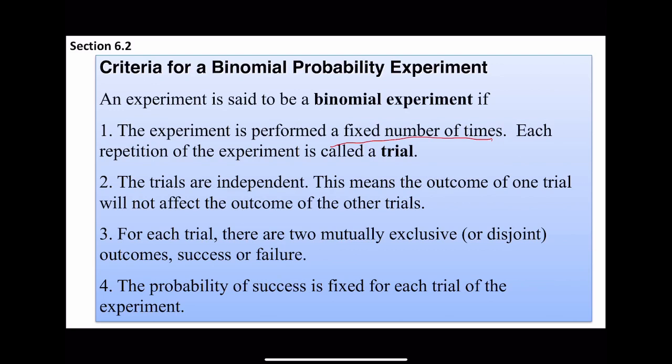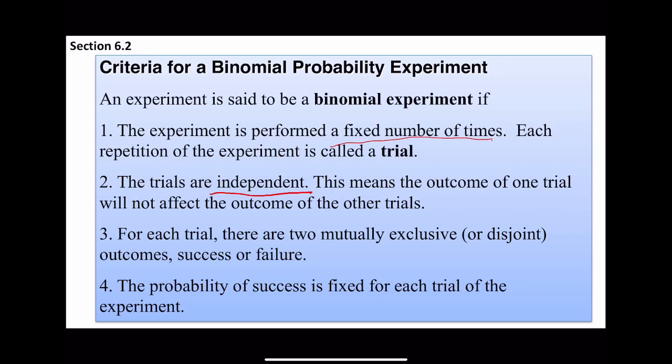The trials have to be independent. We talked about independence before. The outcome of one trial cannot affect the other trials. So if I have a deck of cards and I want to pull out 4 cards from that deck, and I'm checking if I get a queen, when I pull one card out and leave it out, the probability of getting a queen changes.